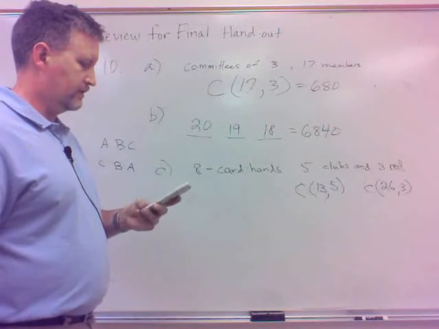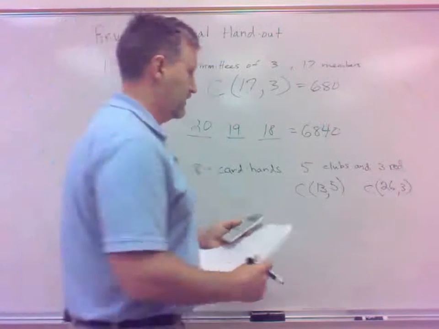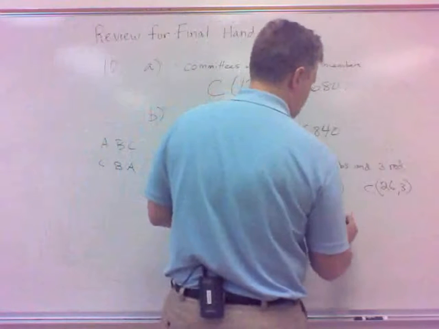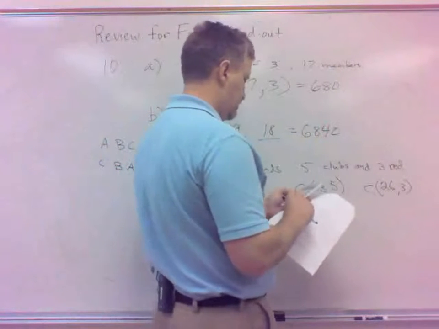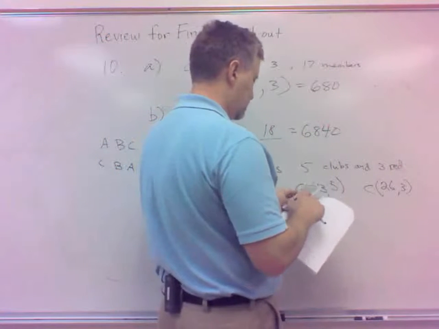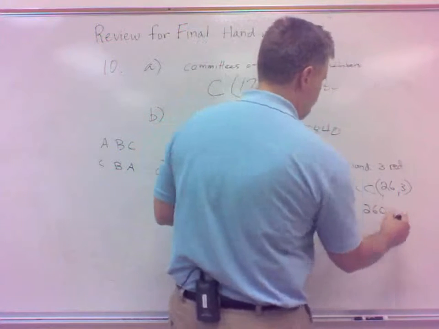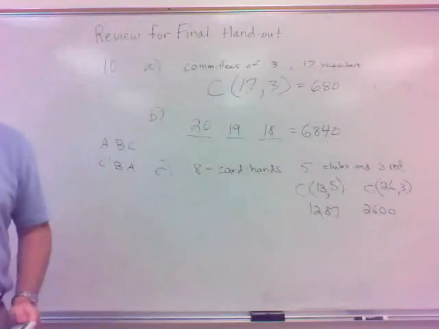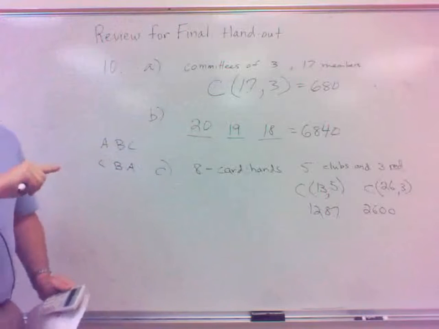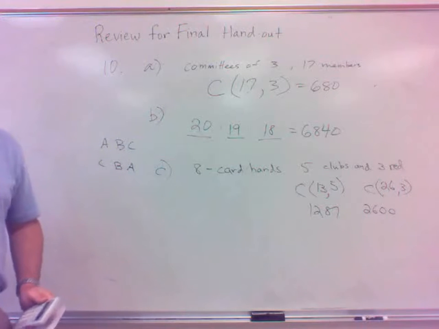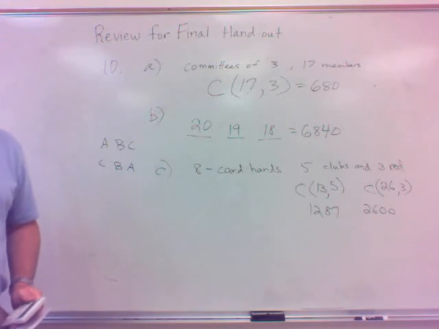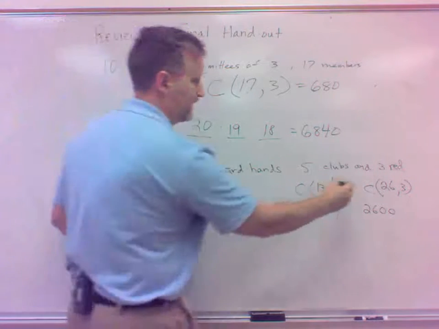What do we get there? 1287. And 26, 3 gives 2600. Now that gives me 2 numbers. What do I do with them here? Well, the word is and. And we've studied that several times now. What does and mean? Multiply. And means multiply.